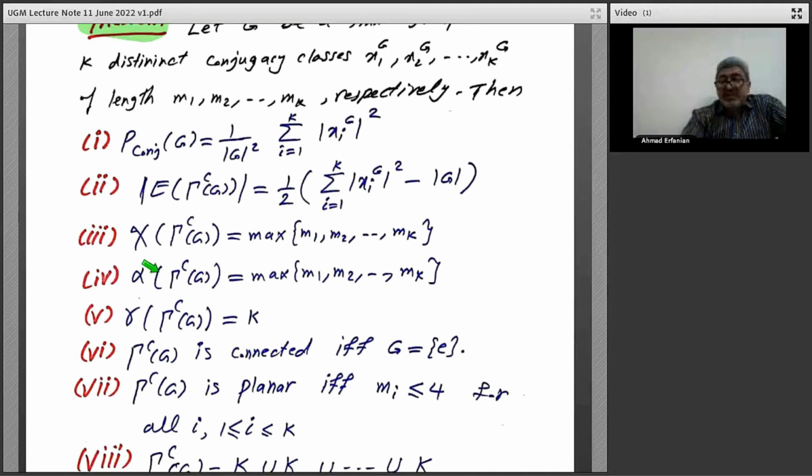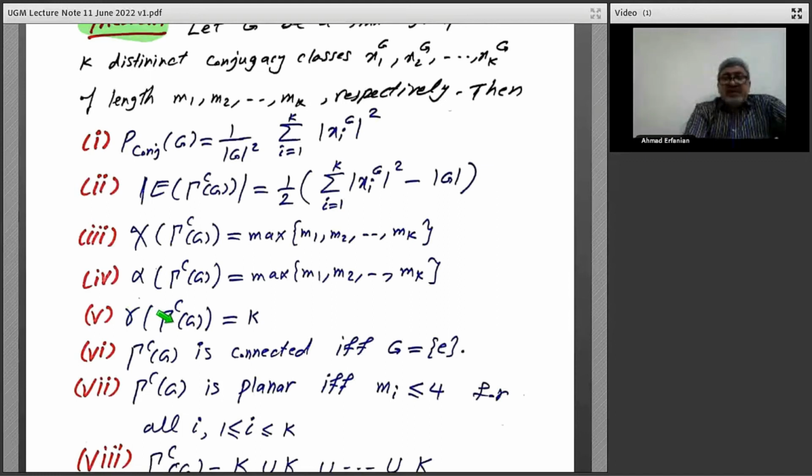The chromatic number, that's the vertex coloring for the conjugate graph, is the maximum size of the conjugacy classes m1, m2, and mk.